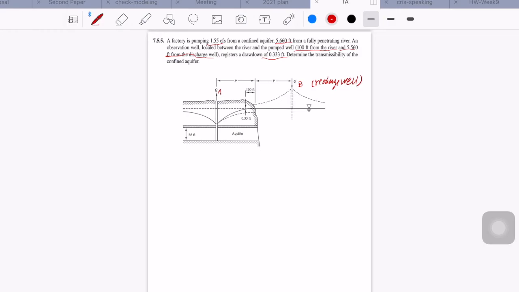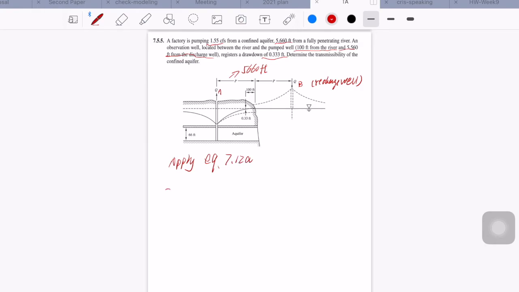And from the problem, we know the P should be equal to 16 feet. And we will apply equation 7.12a in the textbook.